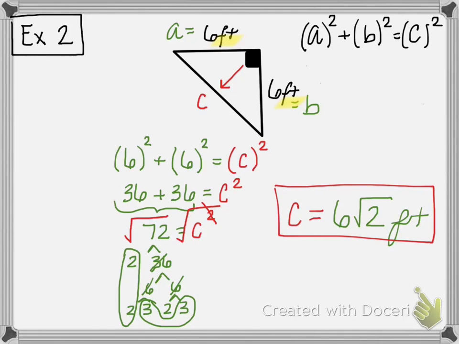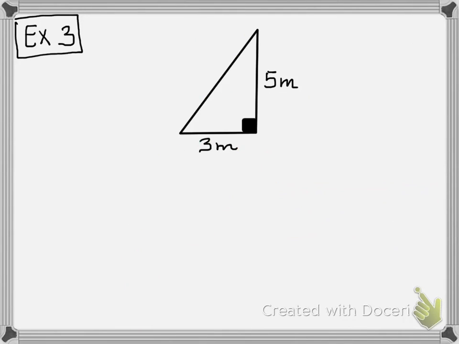Okay, our last example that we're going to do together is example number 3. Example number 3, we have sides 3 meters and 5 meters. So let's start by labeling our sides, our A, B, and C. Again, it doesn't matter which side gets what. I'm going to do A is 3 and B is 5, but you could switch them if you want to. And C is what we're solving for, just like in the last two, because it's across from our 90-degree angle.